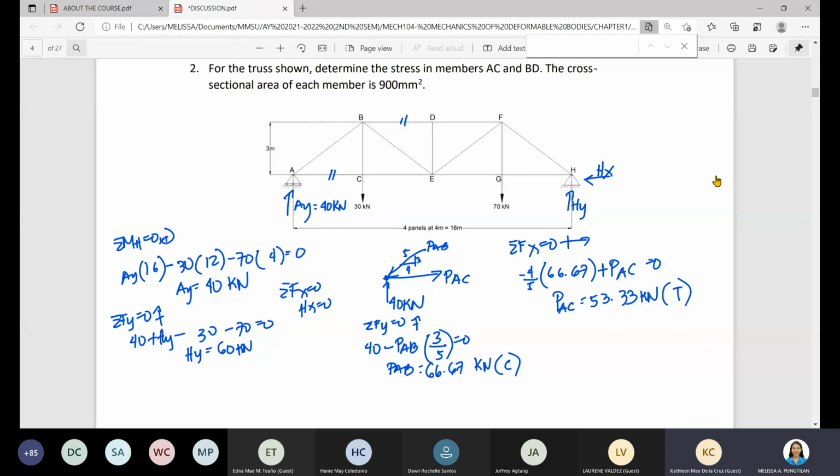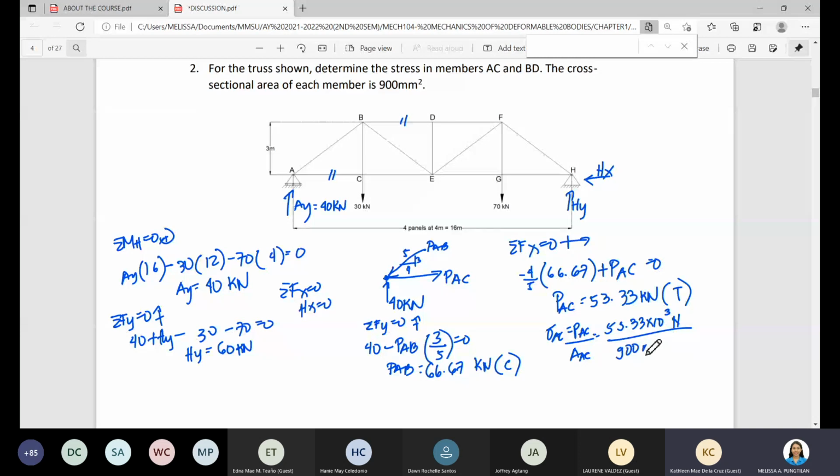So, solving for the stress in member AC, ayan, we have force at AC all over. So, we have 53.33 kilonewton times 10 raised to 3 newton all over yung ating area na 900 square millimeter.